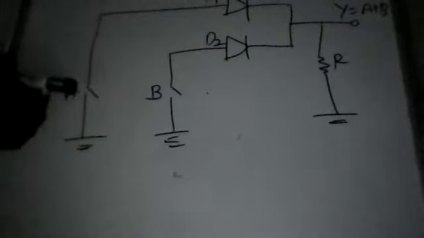So if input A is in low condition, meaning 0, and B is in high condition, meaning 1. Another condition, A is in high condition, B is in low condition, that means A equal to 1 and B equal to 0. And both are in high condition, that means both are in one condition.